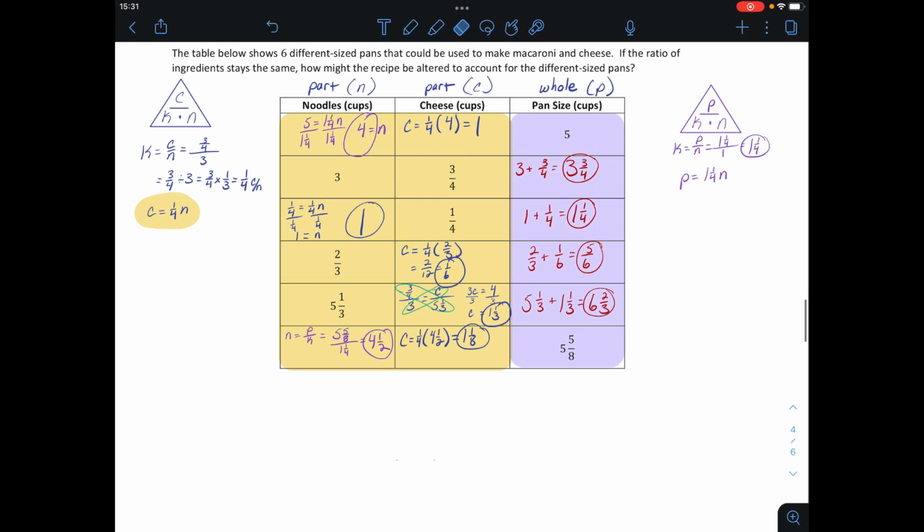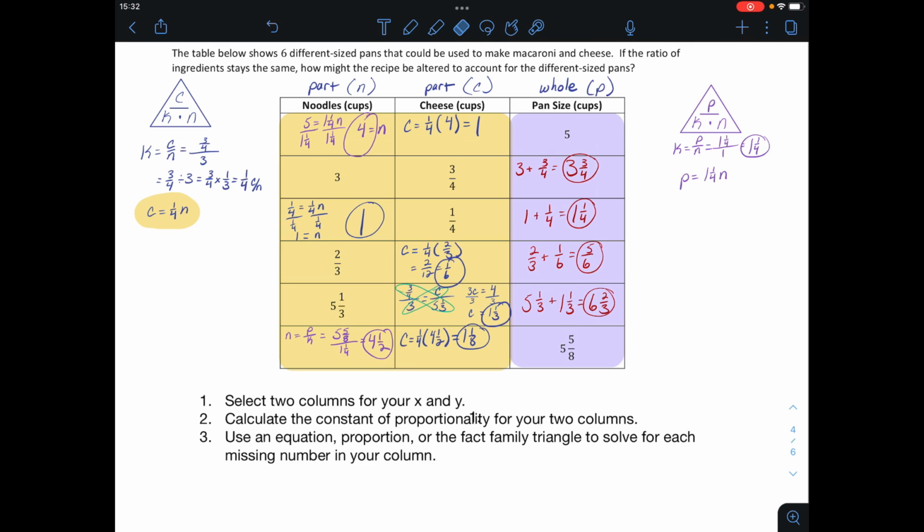No matter which 2 columns you're choosing to work with, as you work through filling a multi-step table like this, there are 3 basic steps you are going to follow, which we did in this video. First, you're going to select 2 of the columns for your x and y values. Then, you are going to calculate the constant of proportionality for those 2 columns.